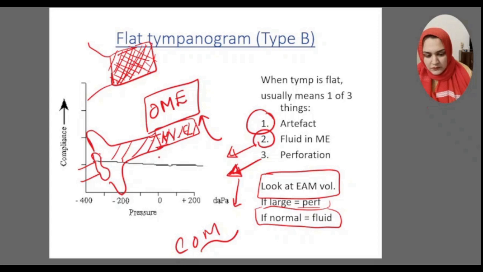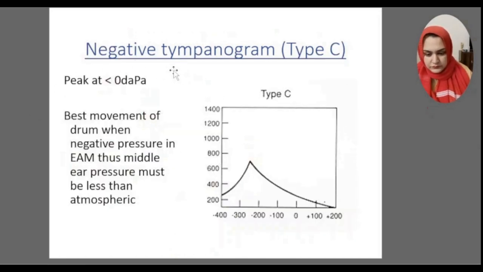So it will give a large external auditory meatus volume. It would mean that there is a perforation present in the tympanic membrane. If there is no perforation, then it will only record the volume that is in the external auditory meatus. That will mean that there is some fluid present in the middle ear cleft. This is how you will differentiate if the flat tympanogram is due to a perforation or fluid.